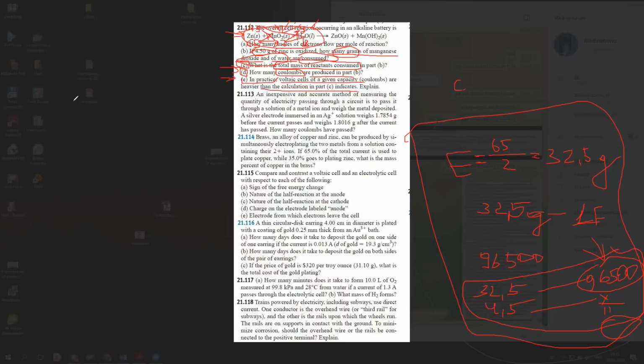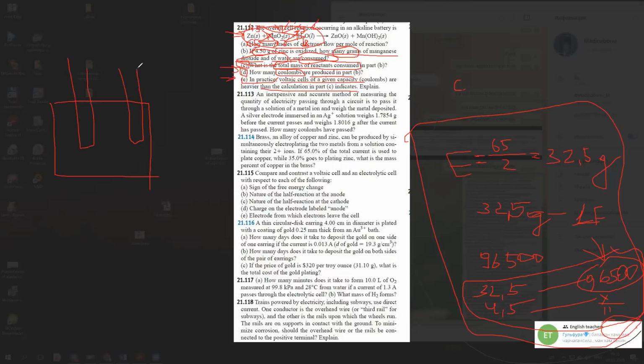Why? Because you can see here's the voltage cell, and in the solution you have only the sum of the three substances, which is what number?